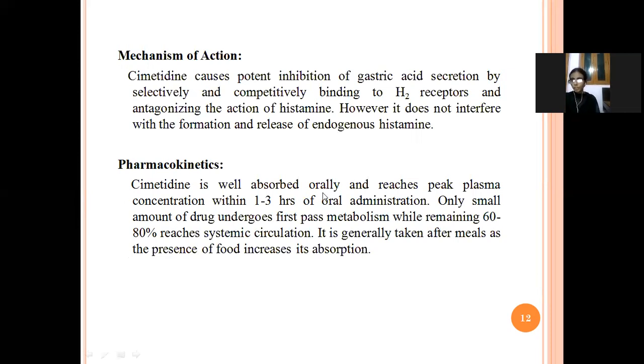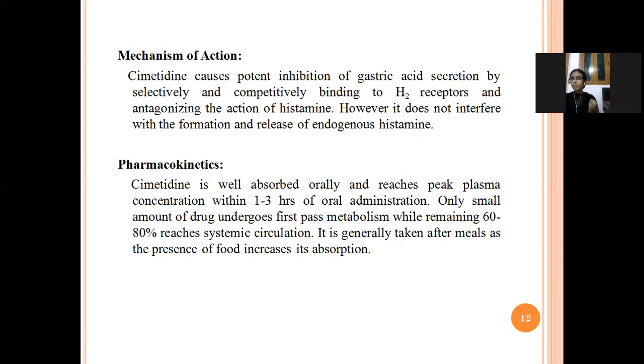If you take it by the oral route, the absorption is good and it undergoes first pass metabolism, and it reaches the systemic circulation in a short period of time. This drug should be taken in the presence of food for absorption.